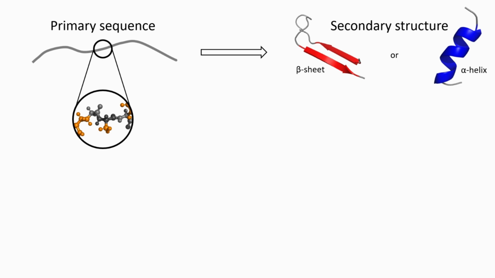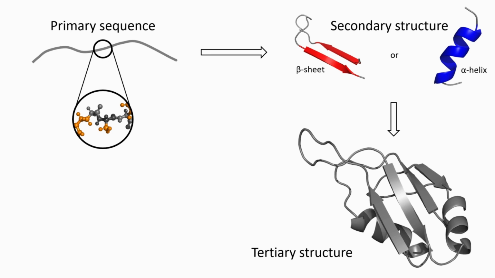And obviously we can then combine these different structural elements to form what we refer to as tertiary structure. Here we can find the different secondary structure elements combined together with some less structured parts that we usually call loops, and it is this tertiary structure that gives the protein its shape and its function.